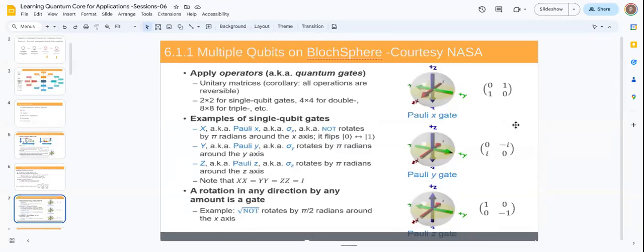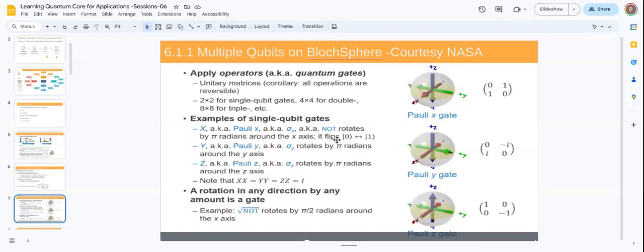But they are operators. When they operate on any of the gates, they change the state, and that is why it is important. So this is the equivalent of a quantum gate, which is a NOT, and then you have Y. X is also represented as sigma X, and it flips the state.